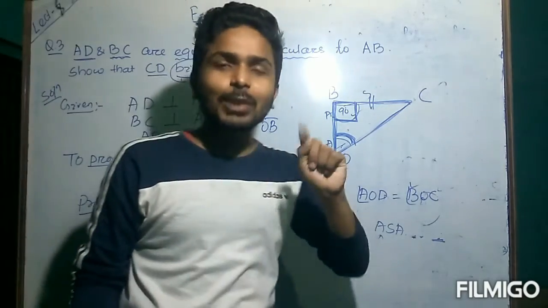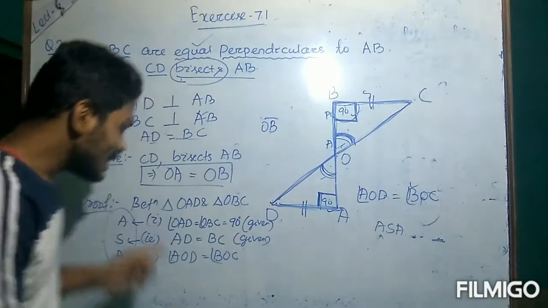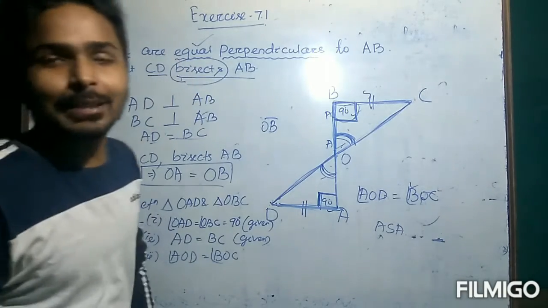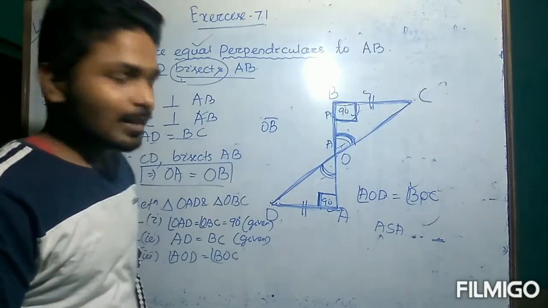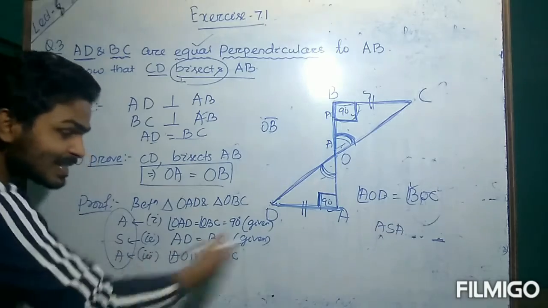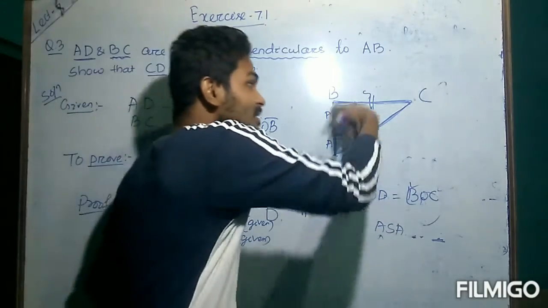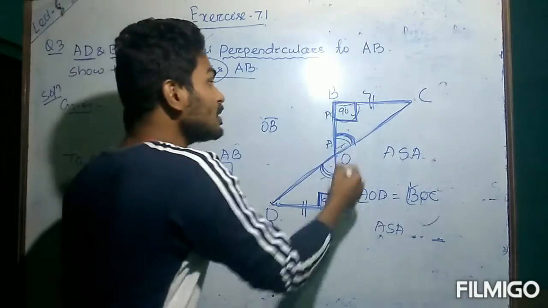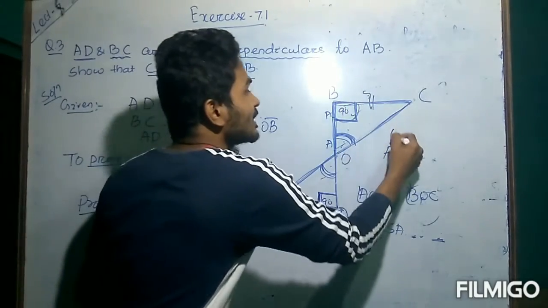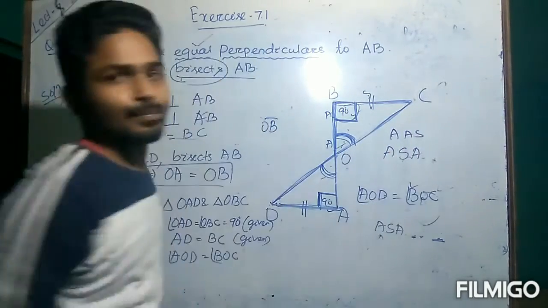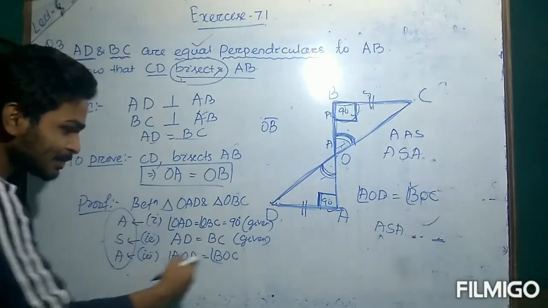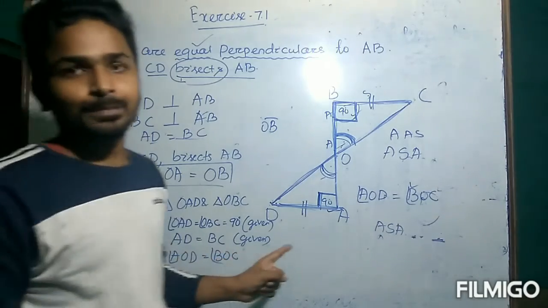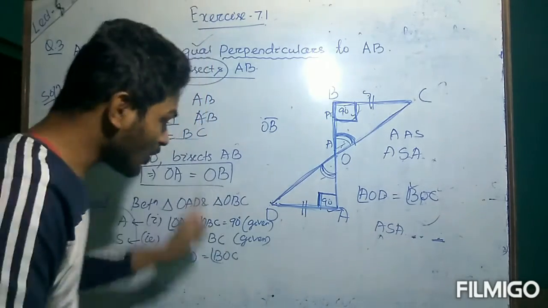So BC is not the included side. So it is not ASA congruency. Are you getting my point? It doesn't follow ASA, it follows AAS. So the third assumption is not valid here.